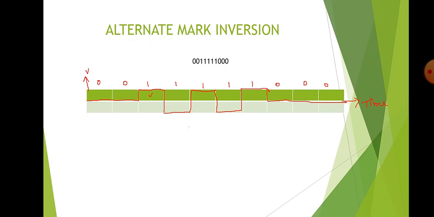So we can say that bit 0 can be represented using 0 voltage and bit 1 will be represented by alternating positive and negative voltages.